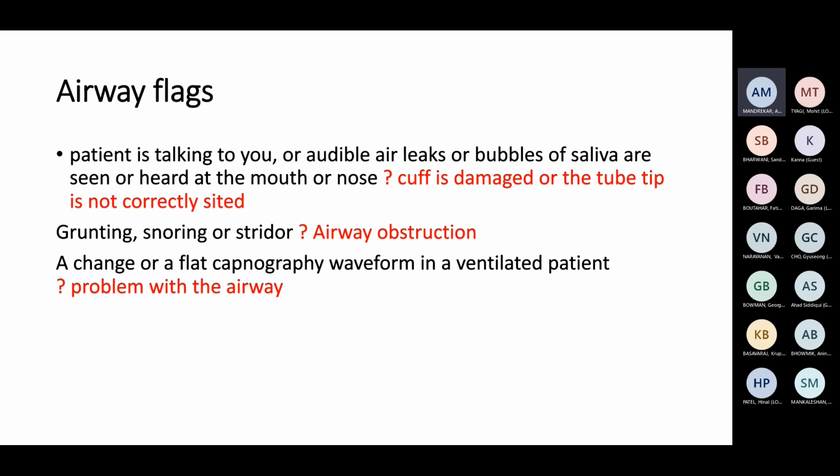So now we're going to talk about how to manage deteriorated patients with tracheostomy. We also want to focus on the differences when we're handling a laryngectomy patient rather than a tracheostomy patient. So, how to recognize red flags. Starting with airway: when a patient has a cuffed tracheostomy tube placed and he's able to talk, or you hear audible air leaks or bubbles in his mouth, then that means the cuff is either damaged or not inflated.